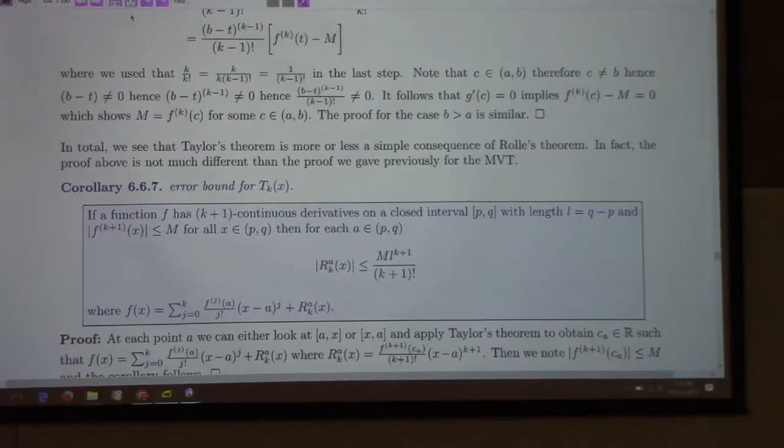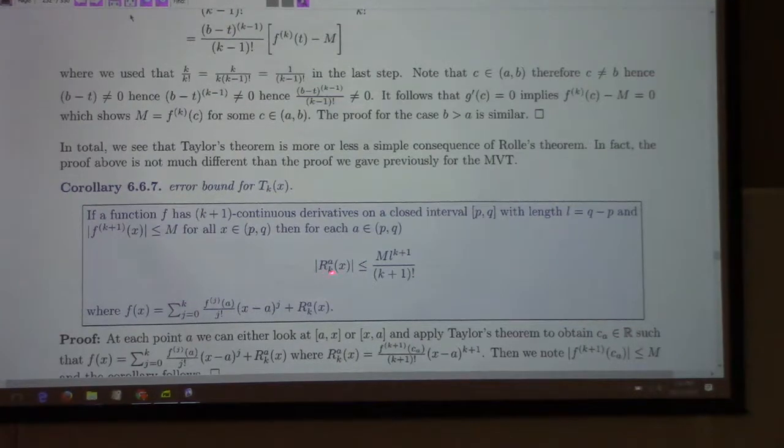Derivatives of sine or cosine are plus or minus sine or cosine, right? What bounds those? The absolute value of sine or cosine is always less than what? 1, right? So for sine or cosine, this m you could just take to be 1. So this theorem would then show us that the sine or the cosine series necessarily converges and in fact approximates the sine or cosine functions for arbitrary real numbers.